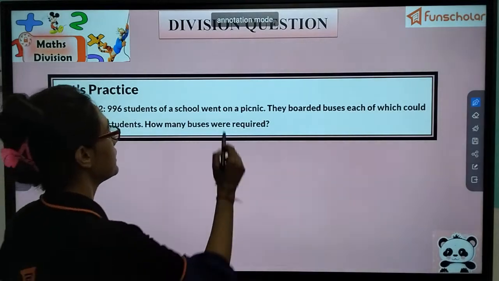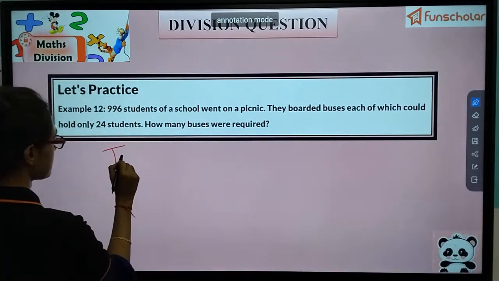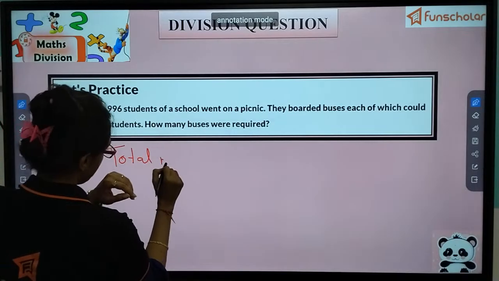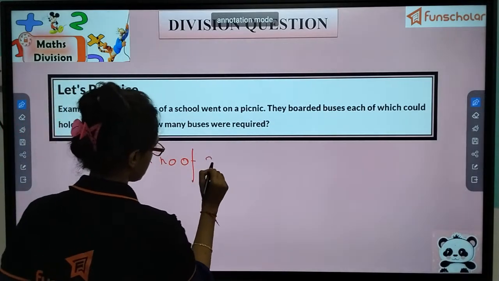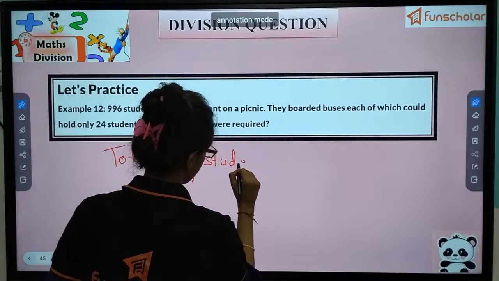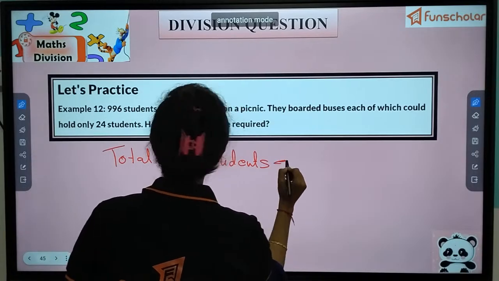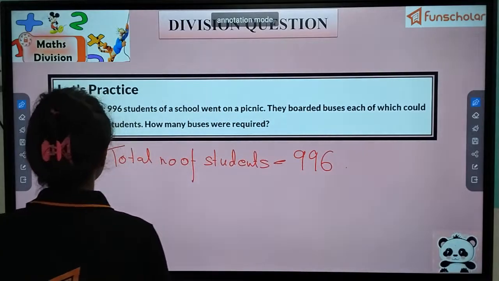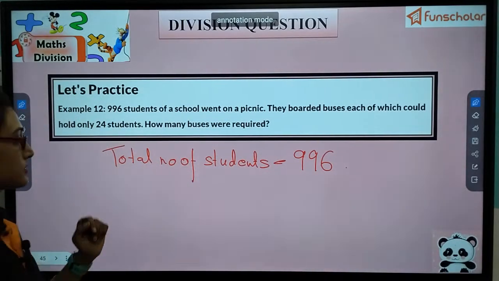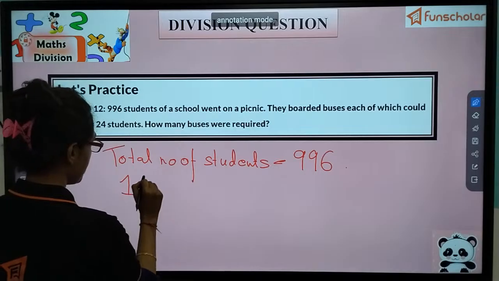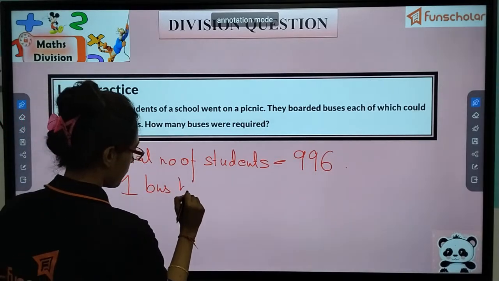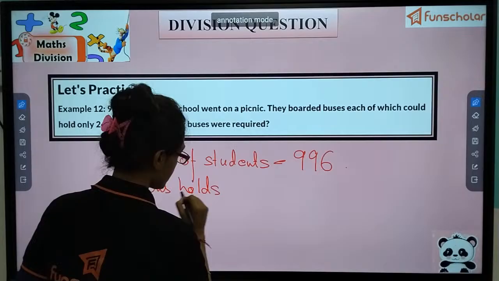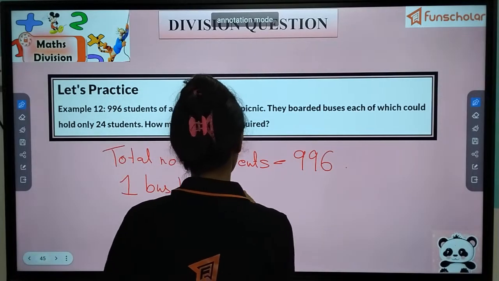Nice question. Now total number of students is equal to 996. Now one bus holds how many students?